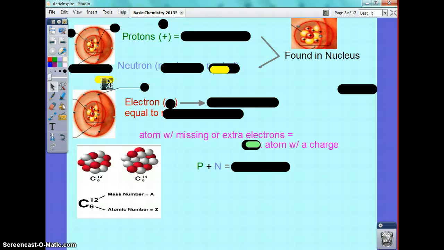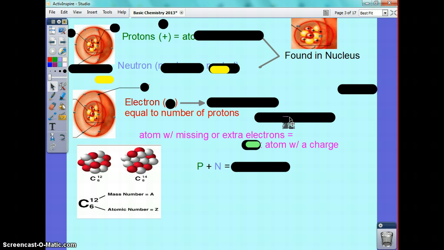They're positively charged particles that equal what, always? Electrons. Electrons are equal to protons. And protons are equal to the atomic number.